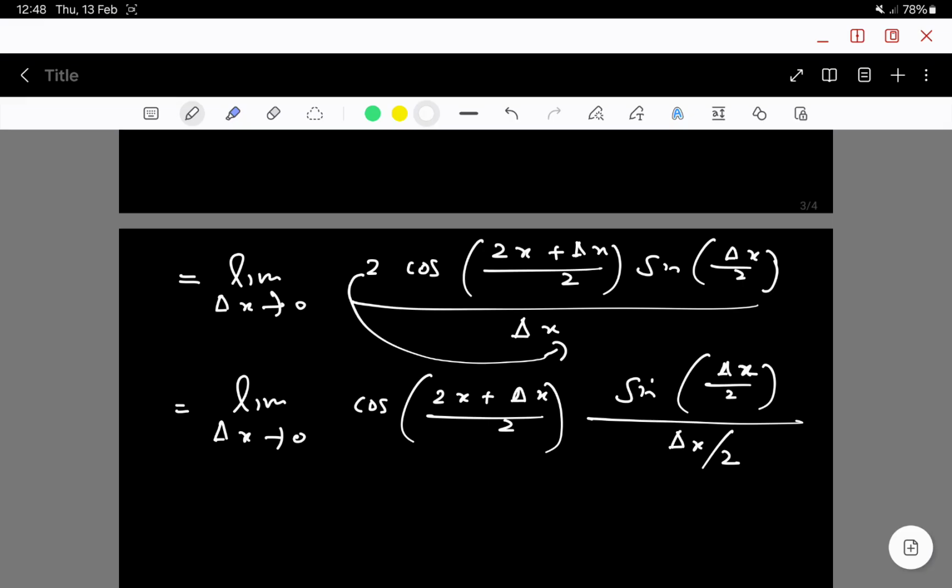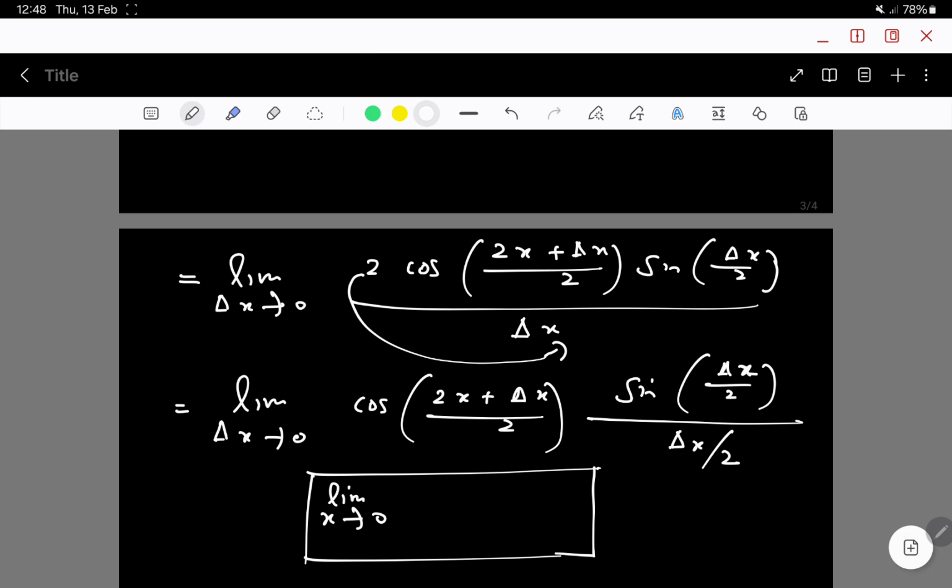Now apply the limit. Before applying the limit, I tell one result: limit x tends to 0, sin x by x is 1. Similarly, limit x tends to 0, tan x by x is 1.